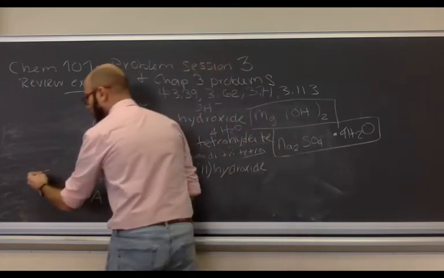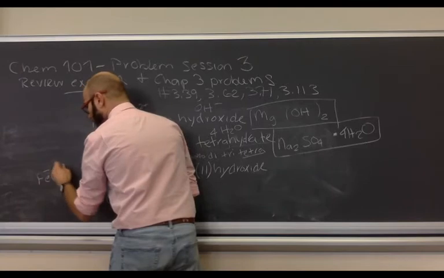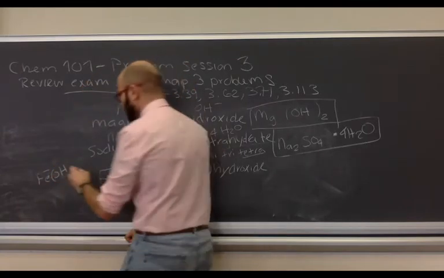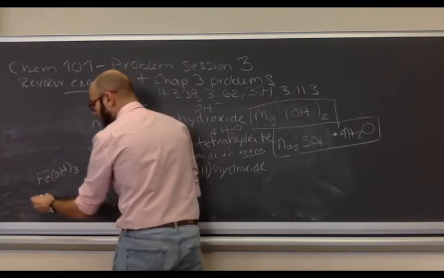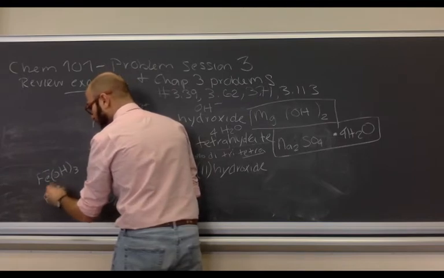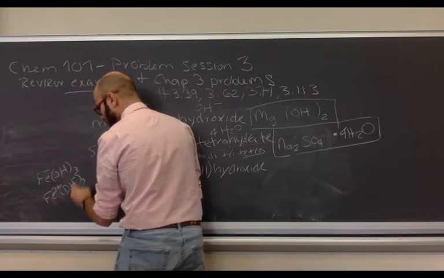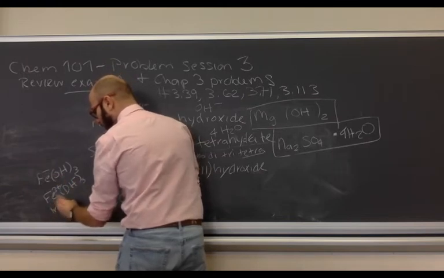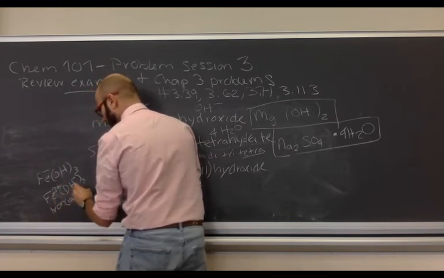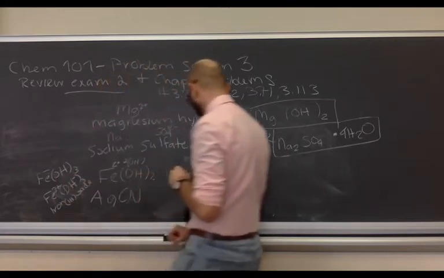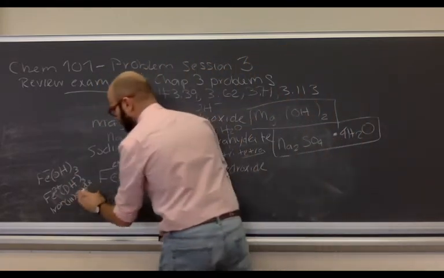I could have given you FeOH, is that even on the screen? Yeah. Fe(OH)3, and then you would have known that it was Fe3 plus, right, because of the 3 OH minuses. And this would have been iron 3 hydroxide.